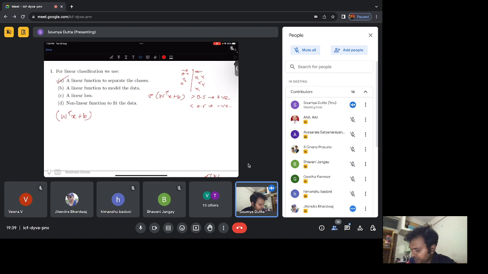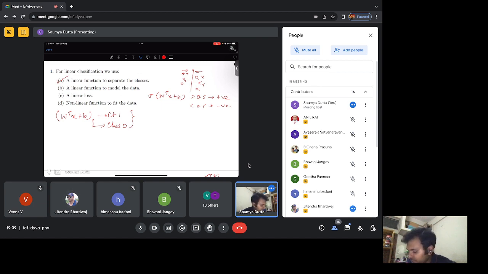For classification, what you need to do is find out when this is class 1 and when this is class 0. That is your binary classification solution. That is the thing that you are after in a classification setting.